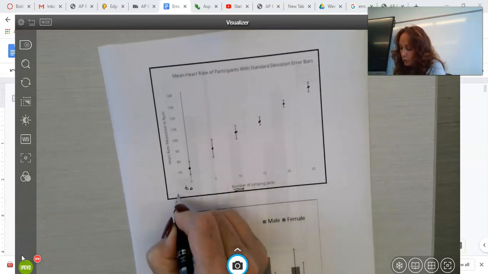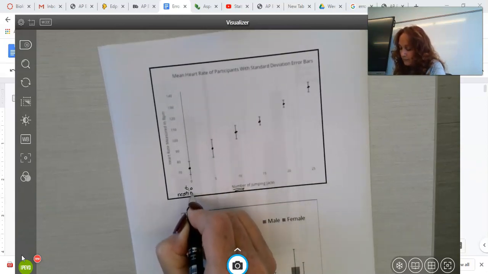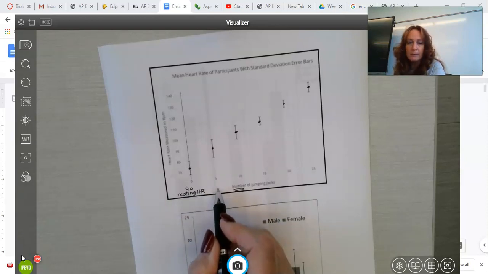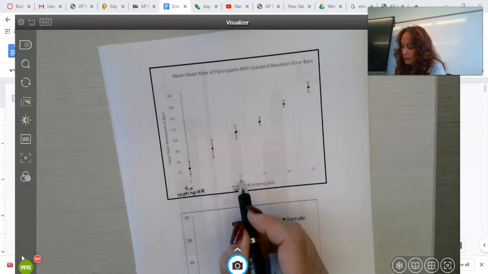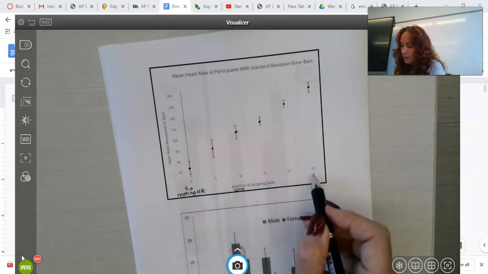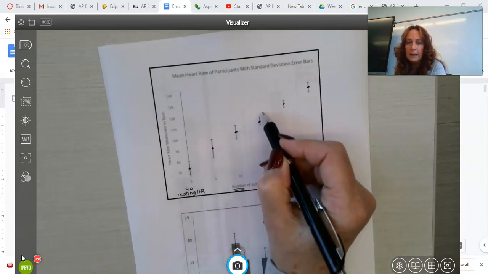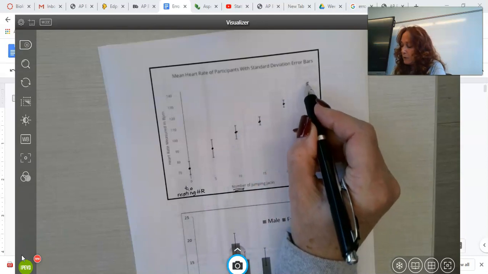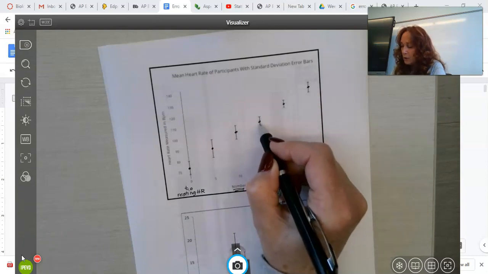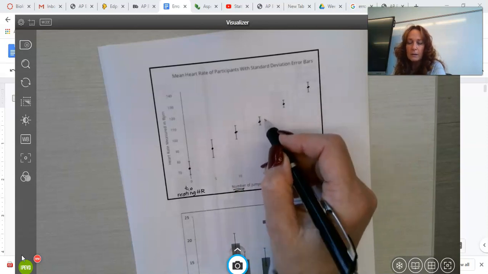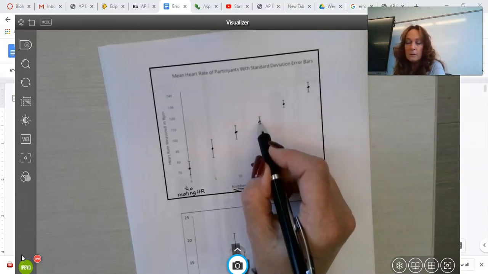This is your resting heart rate. And then you let them start jumping. So after 5 jumping jacks, 10, 15, 20, 25, you see that the means steadily increase, and there's not a lot of variation as you get farther into the exercise around the means.